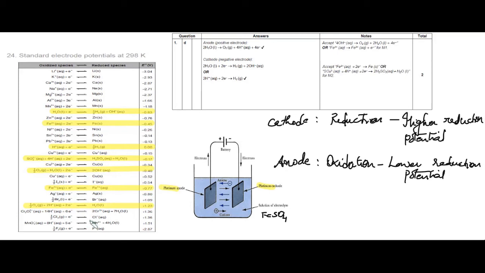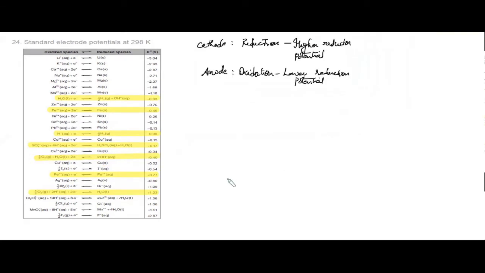Now, in order to decide which will undergo oxidation and which will undergo reduction, I've stated it here clearly. The one with higher reduction potential will undergo reduction at the cathode, and the one with lower reduction potential will undergo oxidation at the anode. Now let's find out which can be the reaction at the cathode and which at the anode. For a cathode reaction, take a species having higher reduction potential.